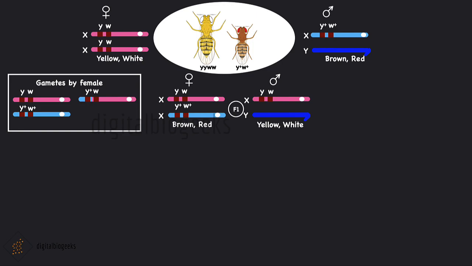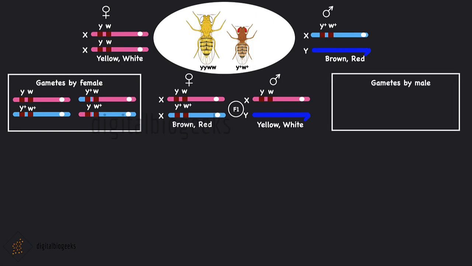In the fourth gamete also, crossing over happened between y and w plus and the resultant will be recessive y and dominant w plus. Here two gametes are parental type and two are new, that is they are recombinant ones.